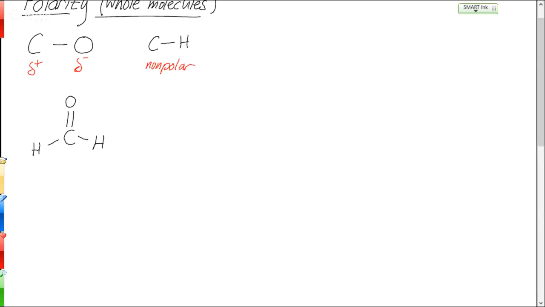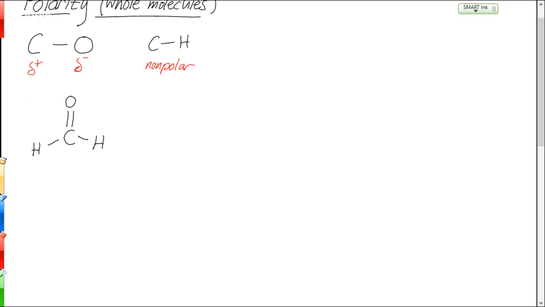So the first thing you need to do is you need to know the shape of the molecule. And we skipped that section in the book about how to determine the shape of the molecule because we're not going to get into that. But I will sometimes give you the shape of a molecule. You can look at a molecule like this. And we can analyze the overall polarity of this molecule by looking at the individual bonds.